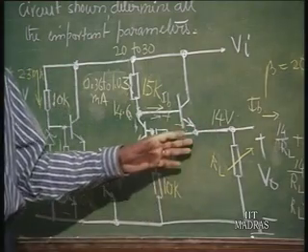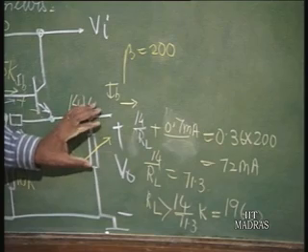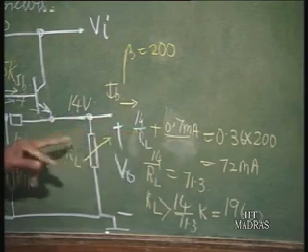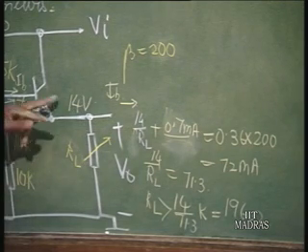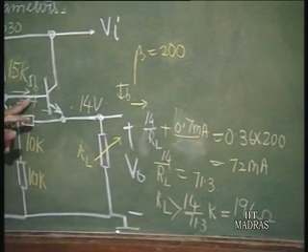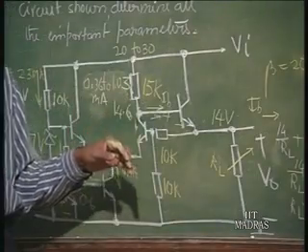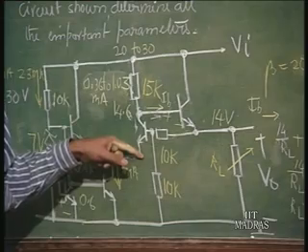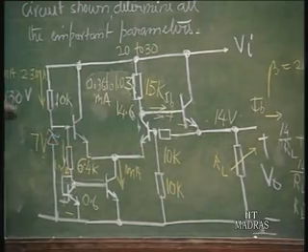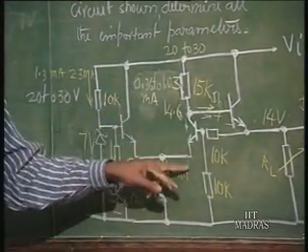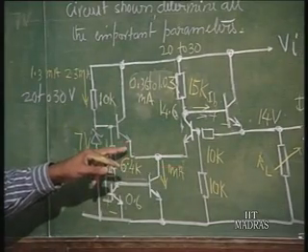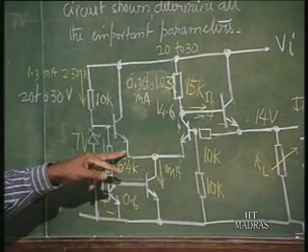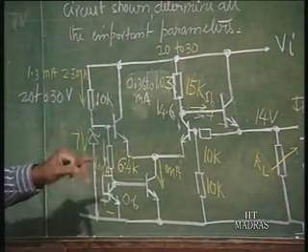Then this current is 0, the only current to be supplied is 0.7 milliamperes for this biasing circuit. 0.7 milliamperes divided by 200 is extremely small. So, most of the current in this will go into this. That is all right as long as it is 0.36, because if this 0.36 goes here, 0.64 will go into this, no problem.